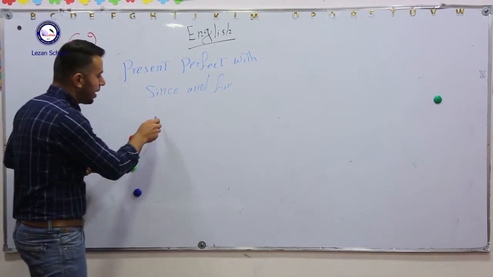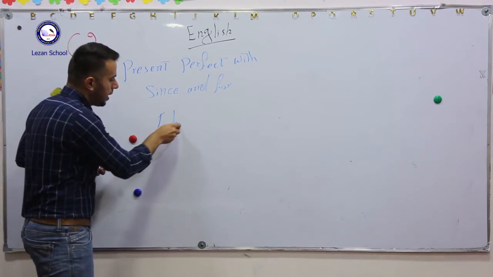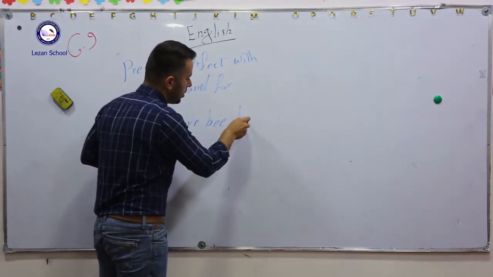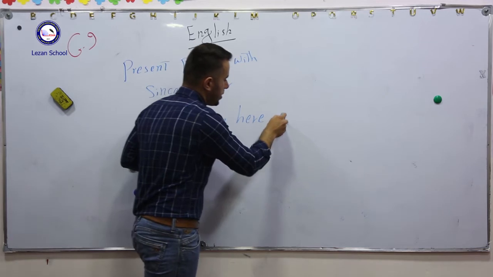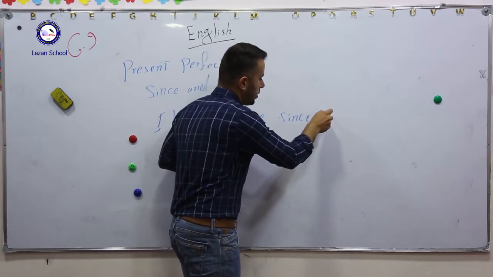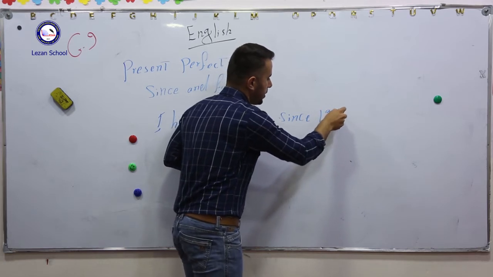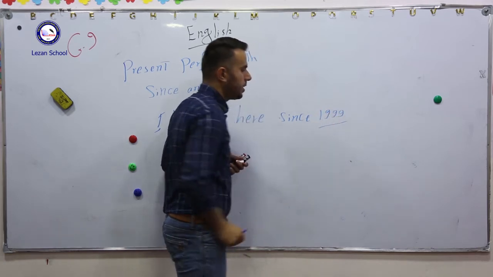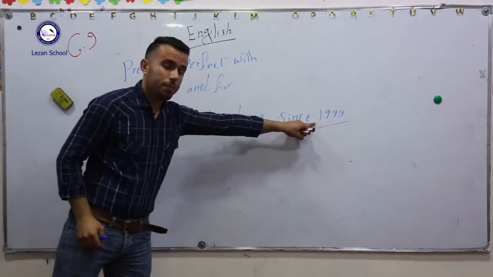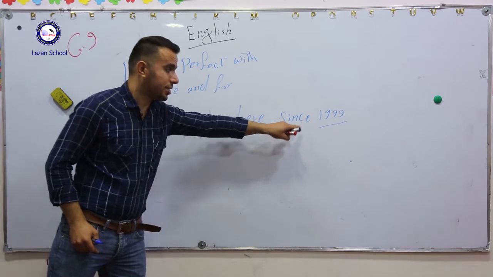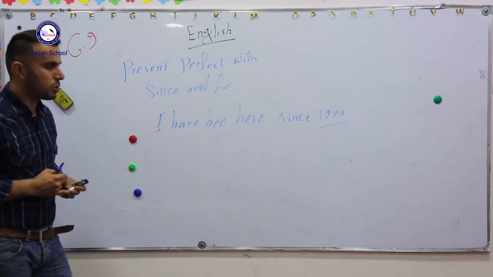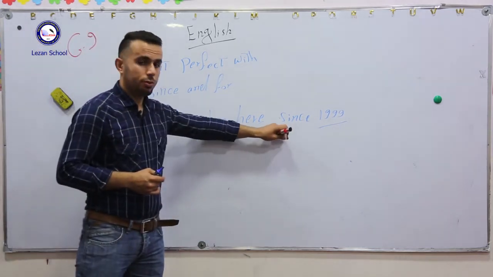When we say, I have been here since, for example, 1999. It indicates the time of starting an action. We have only one 1999, so we cannot use for here.